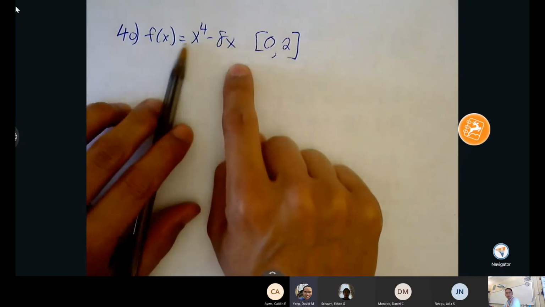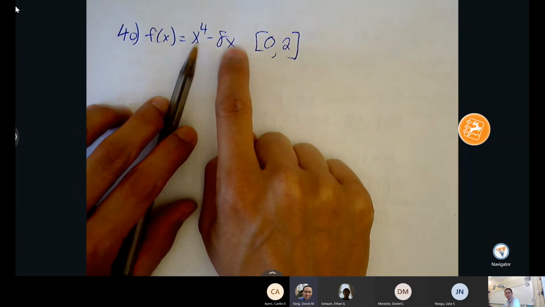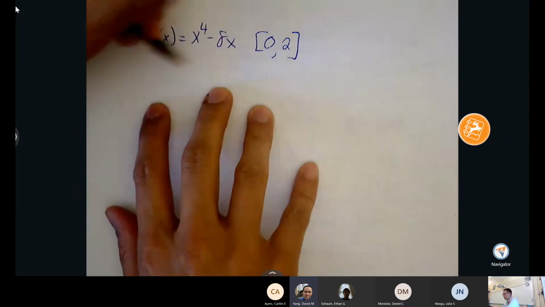Okay, so mean value theorem, we need to establish that our conditions are good, continuous, yes, differentiable, yes.